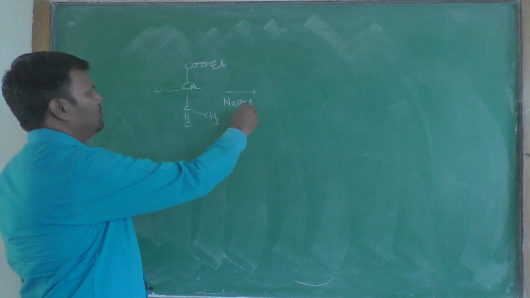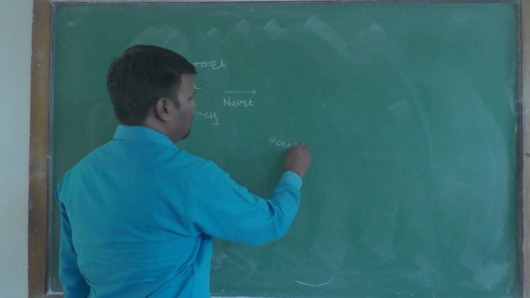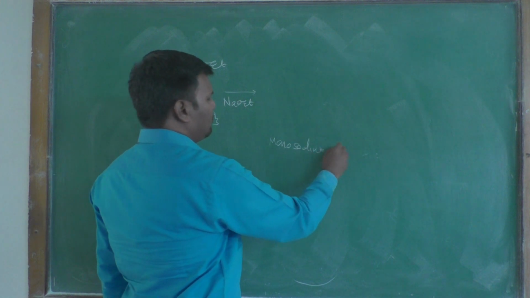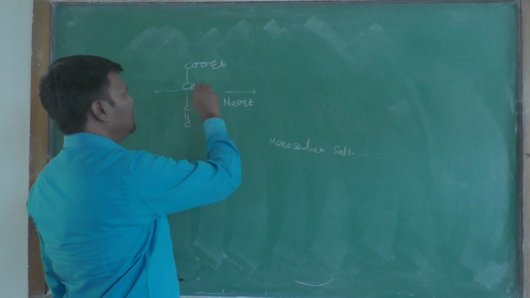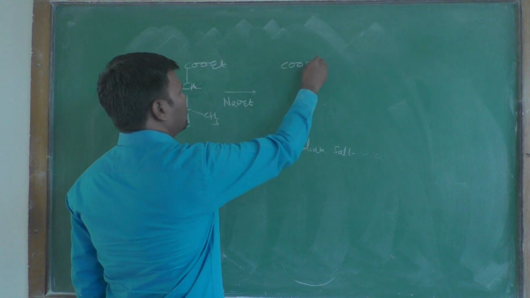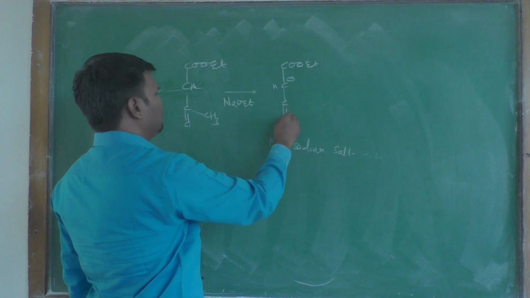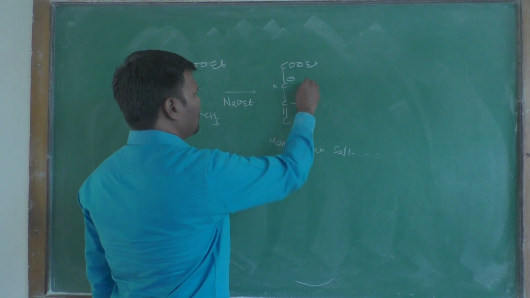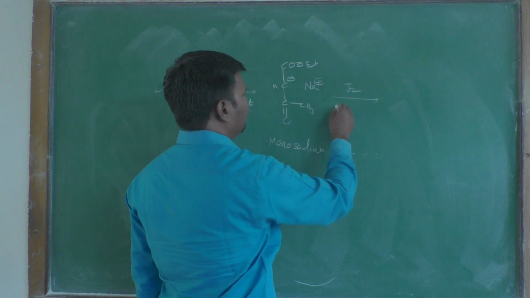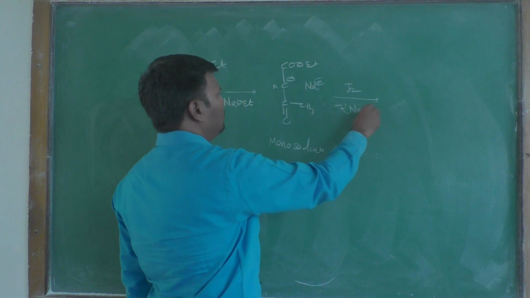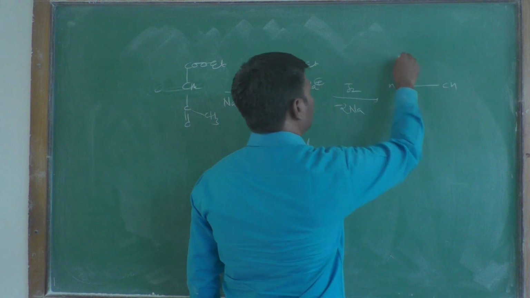By using this we firstly produce the monosodium salt. That base picks up this most acidic hydrogen, giving the anion and Na plus. Then by using I2, minus 2 NaI, you will obtain the condensation of these two molecules.